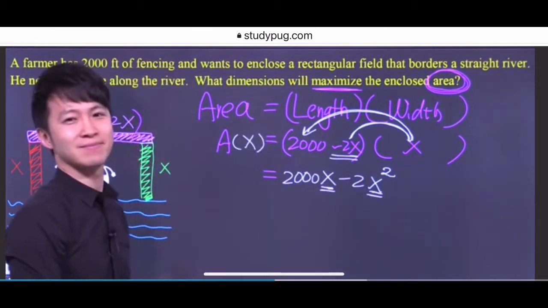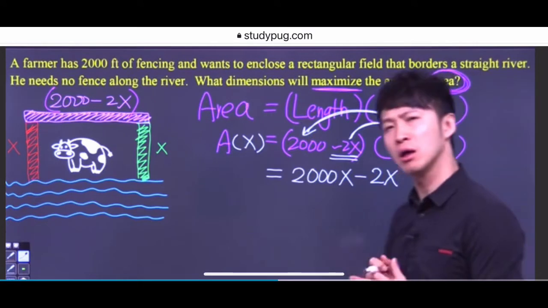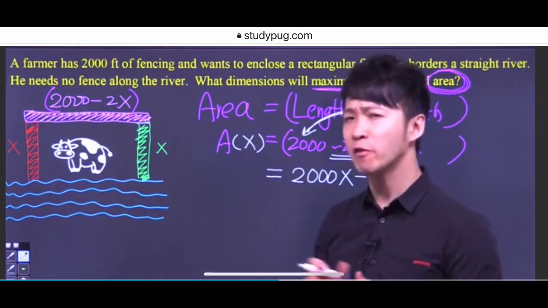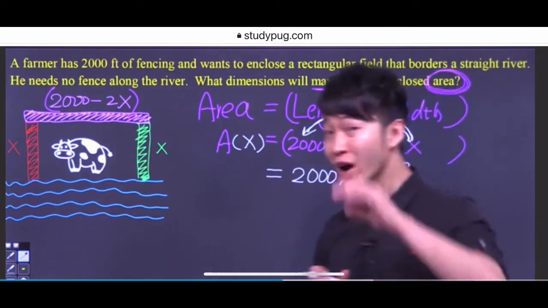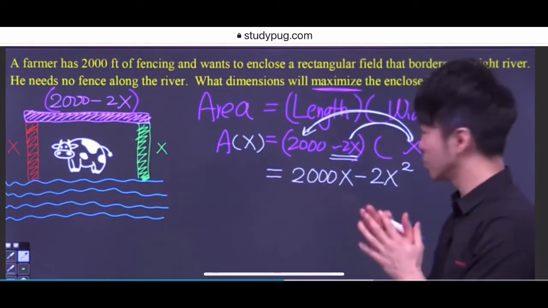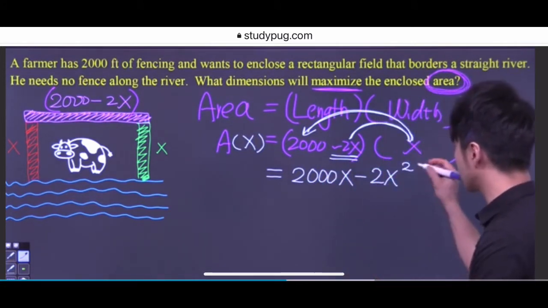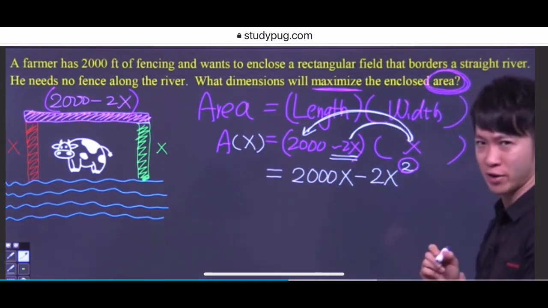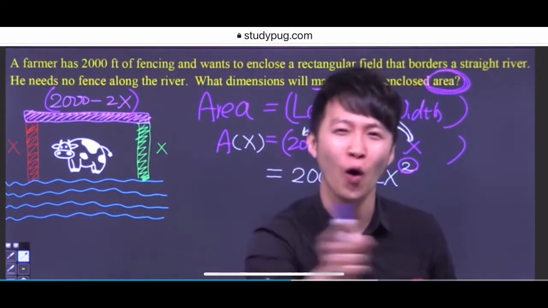Now, looking at the area function, what type of function are we dealing with here? Well, let's look for the highest exponent in the polynomial. So in this case, the highest exponent in this polynomial is 2, x squared. And that tells us that the area function is a quadratic function.